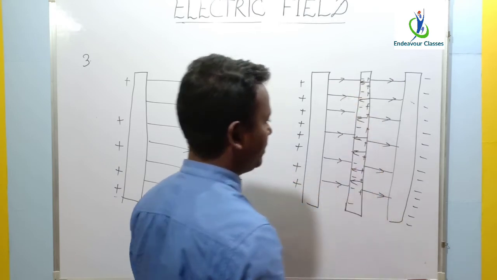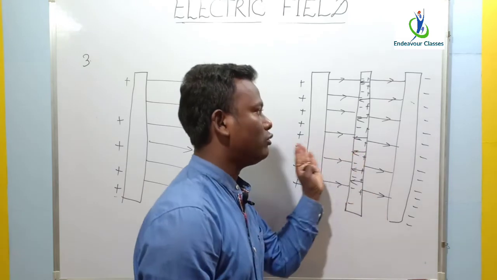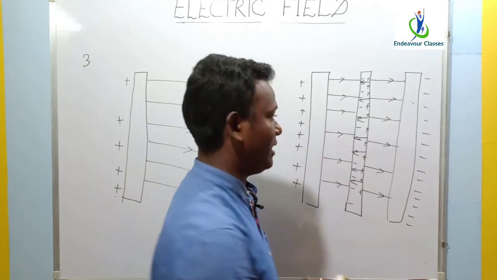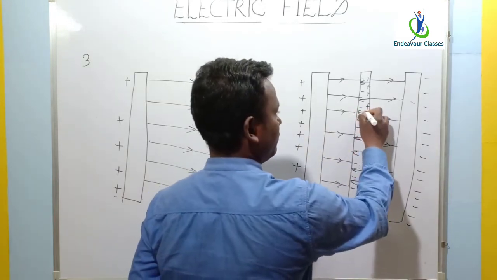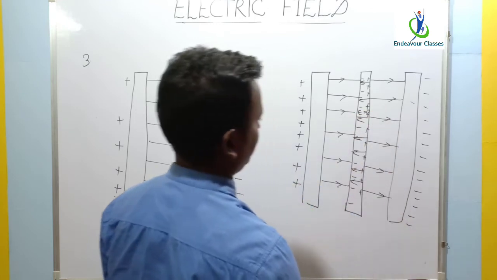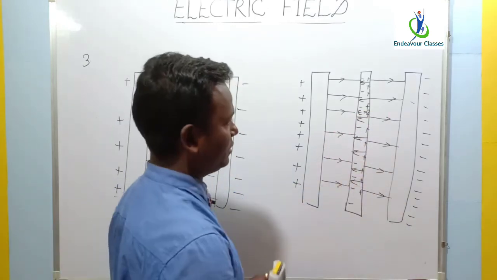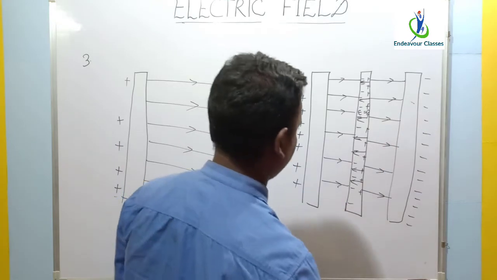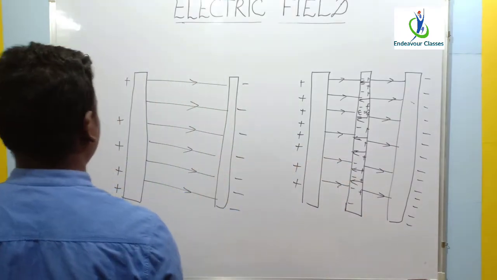So inside the plate the field will be exactly opposite to that of the outside. That is why inside it the field will be equal to 0, but outside there will be one field, which will be from positive to negative. So this is the case.